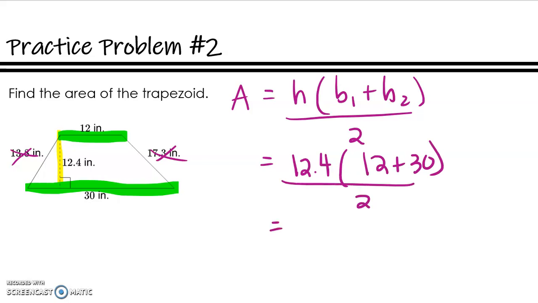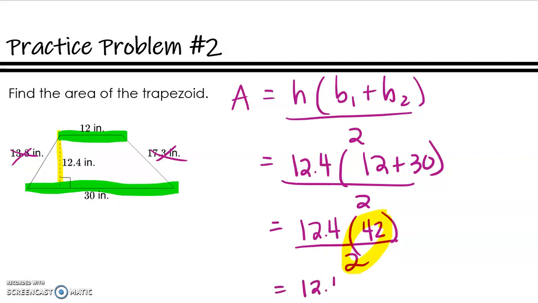Okay, so 12 plus 30 is 42. And I'm actually going to divide 42 by 2 first, because that's something that I can easily do. And I know that's 21. So I'm going to be doing 12.4 times 21 to get my final answer.